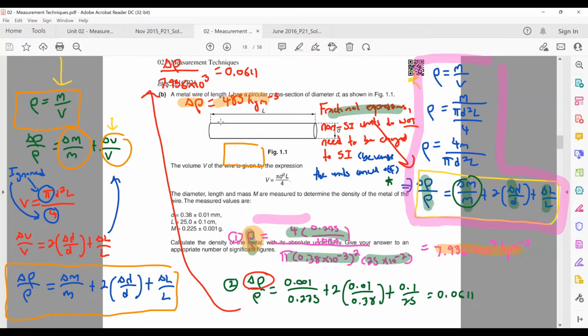So from here, how do I then proceed? It's a bit similar to the question just now. How do you properly express it with the correct number of significant figures? Notice that your value of the density is in 10 power 3. What you will want to do now is for your absolute uncertainty, rewrite it such that it has 10 power 3.